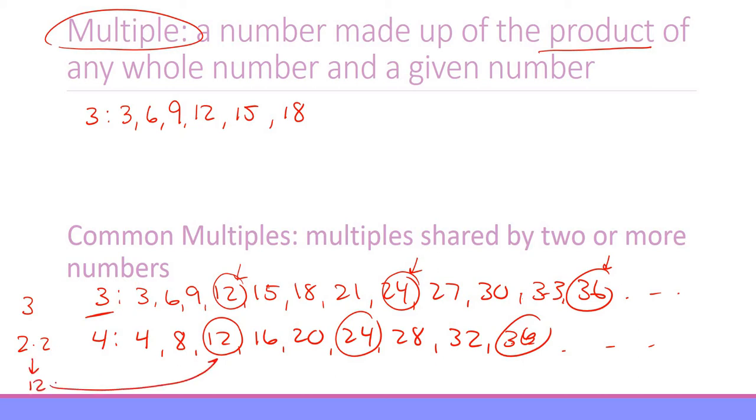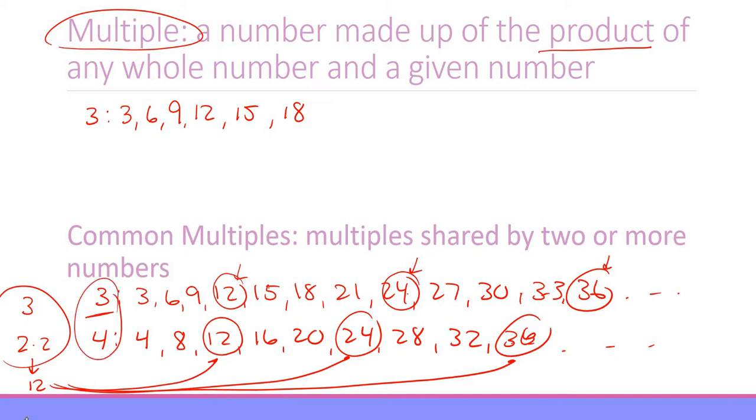And you notice that all of my common multiples contain all of these prime factors. All of the common multiples contain all of the prime factors of both of these numbers.